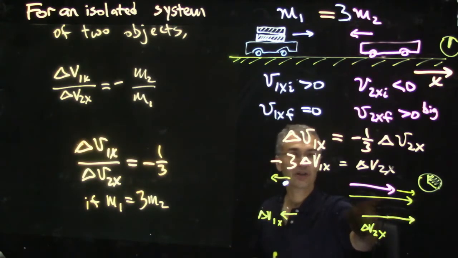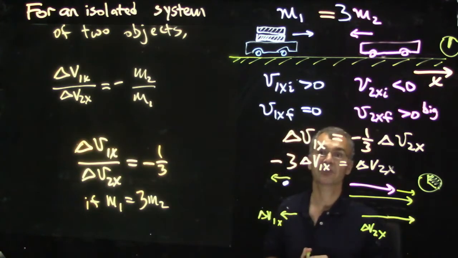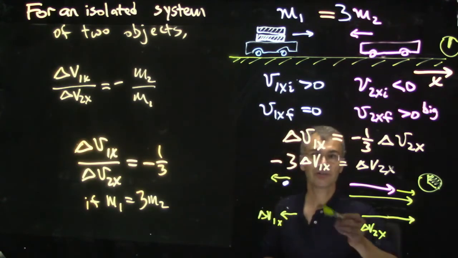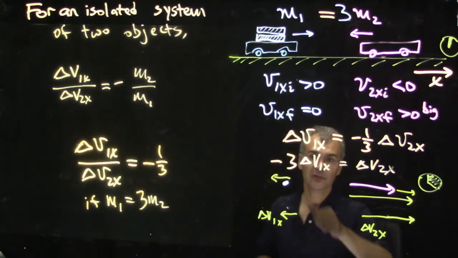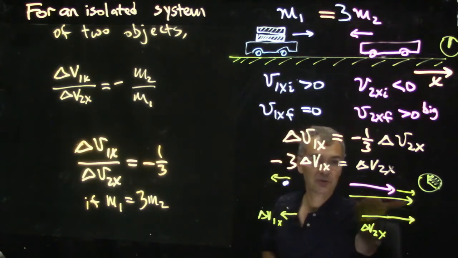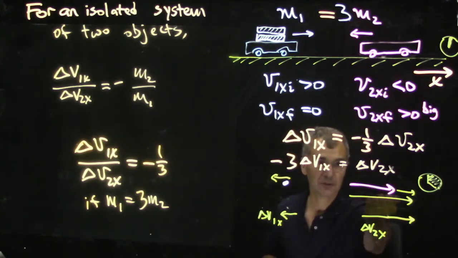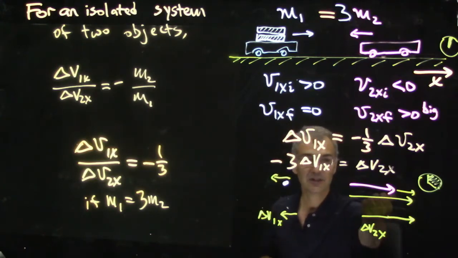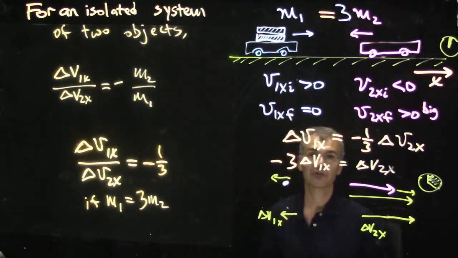So this change has 3 times the magnitude of this change. I think that makes sense, since this mass is 3 times as big as this mass. So if this velocity change is 3 times as big as this velocity change, then because of their ratio of masses, this momentum change is the same in magnitude as this momentum change, but of course they're in opposite directions.